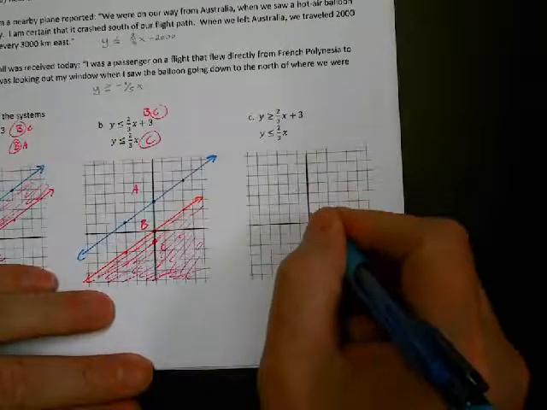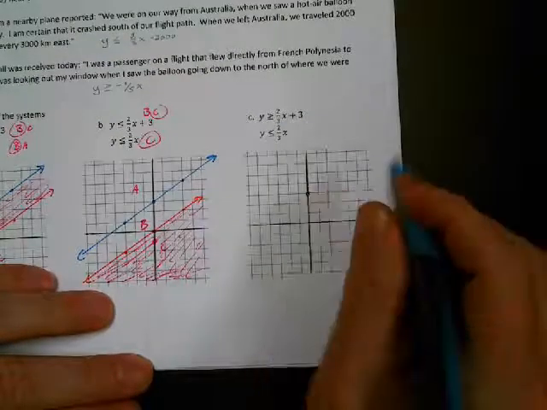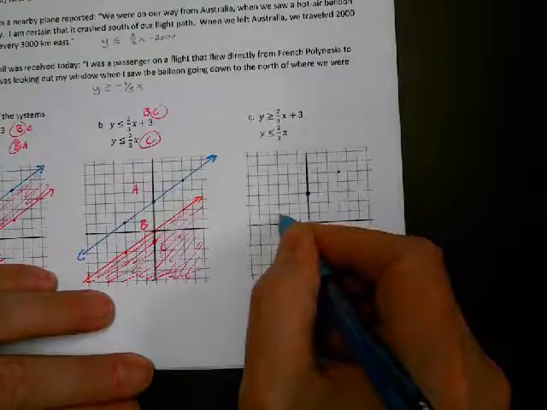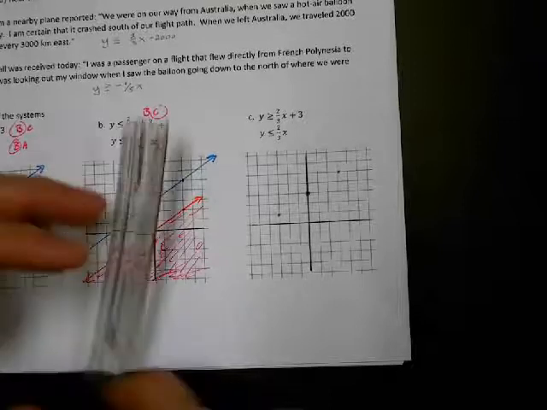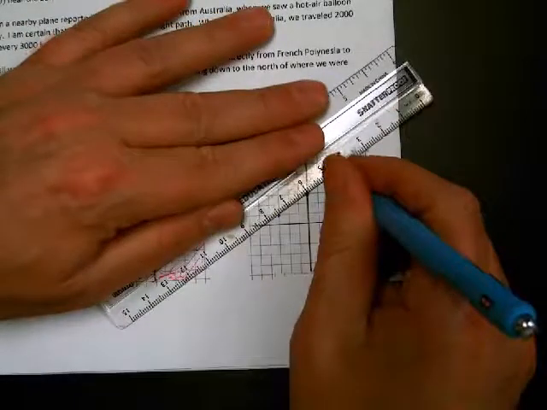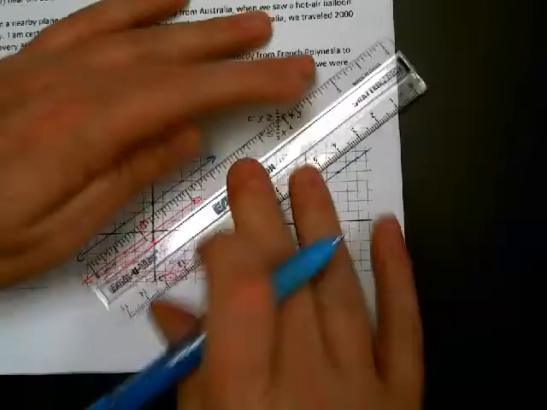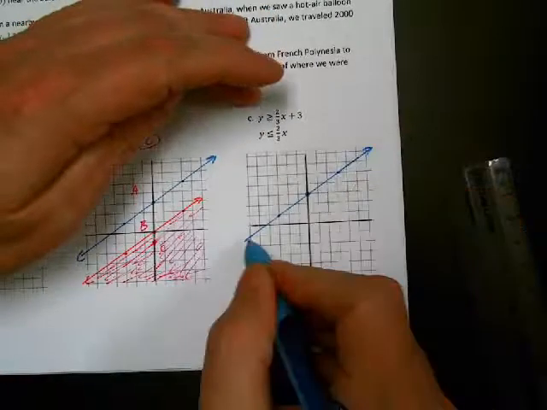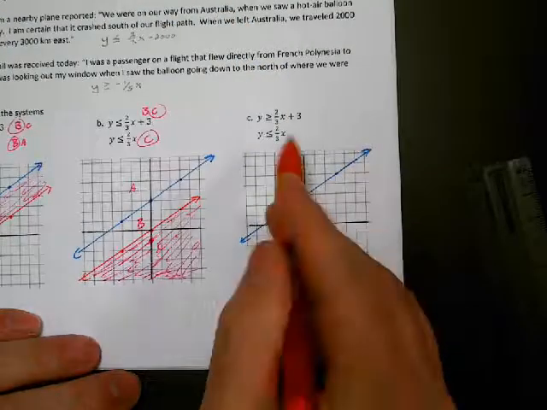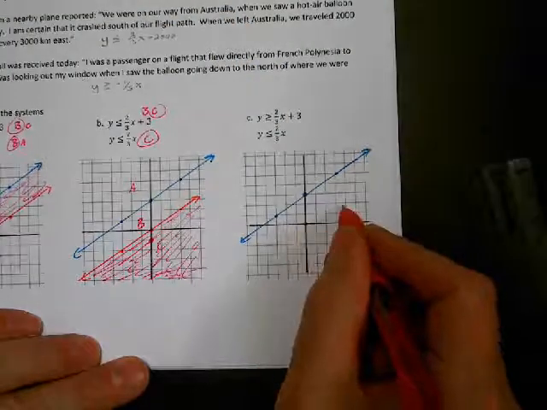Turn them into inequalities. There's my blue one. Bing, bang, boom. Got it. Red one goes through the origin because the y-intercept is 0. Then it goes up 2 and over 3, or down 2 and left 3.